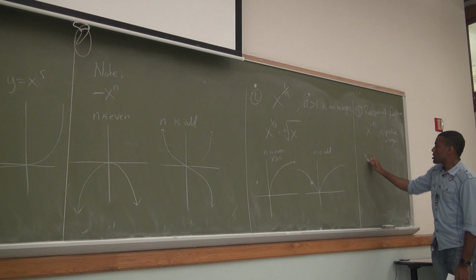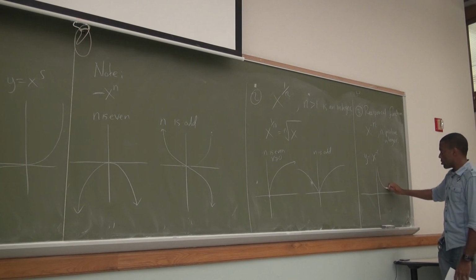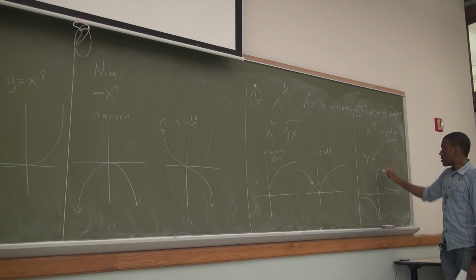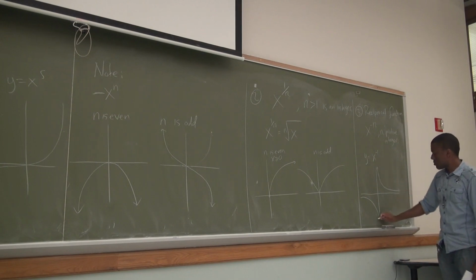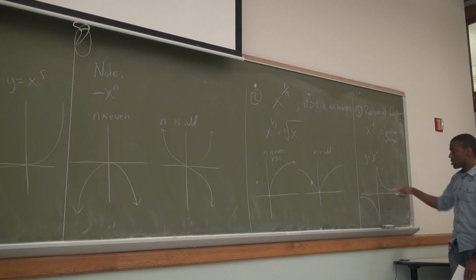So let's do x to the minus 1 as a special case, because it's something you should know what that looks like right away. The graph will look like this. x equals 0 is a vertical asymptote, y equals 0 is a horizontal asymptote.